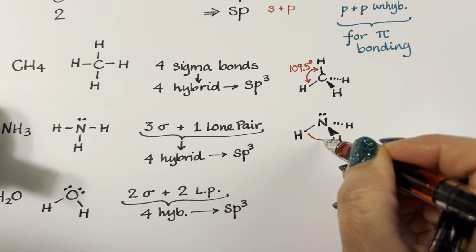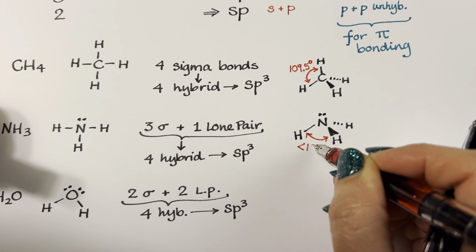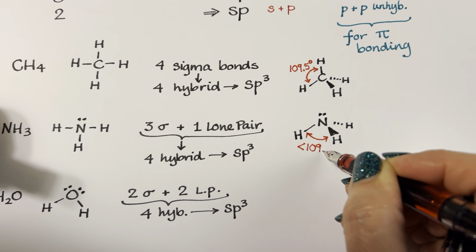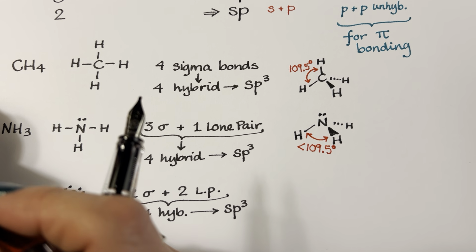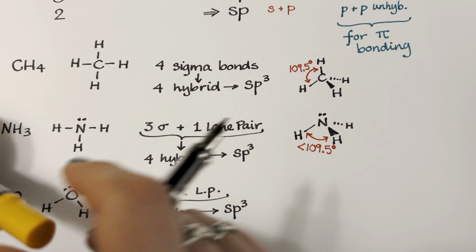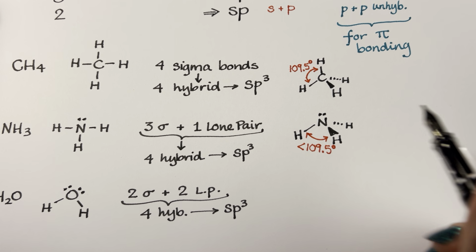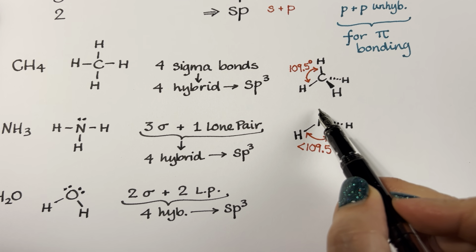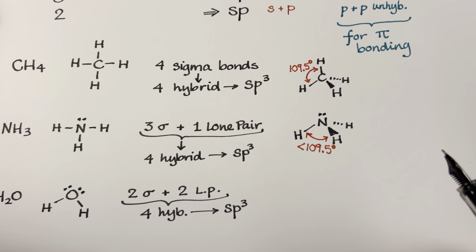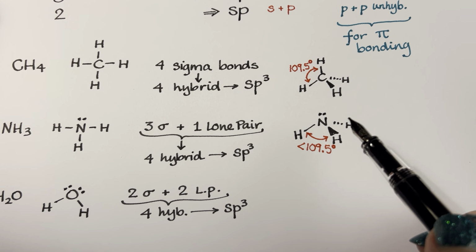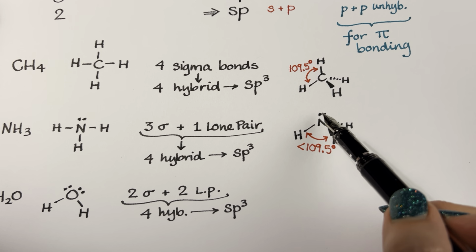And so we've got a little bit less than 109.5. Okay? But the baseline is 109.5 because these orbitals, all 4 of them, are sp3 hybridized. And one of those hybrid orbitals right here is housing the lone pair. So hybrid orbitals are used for sigma bonds and lone pairs.